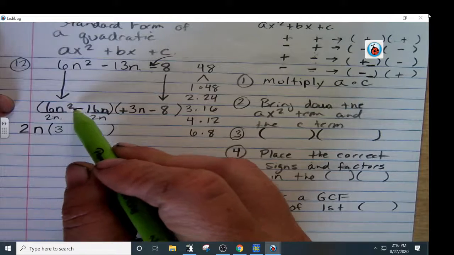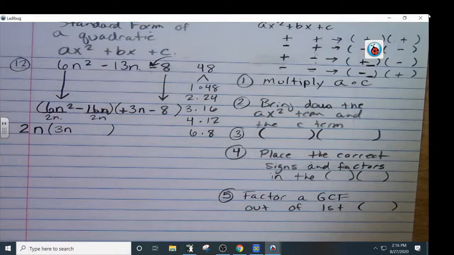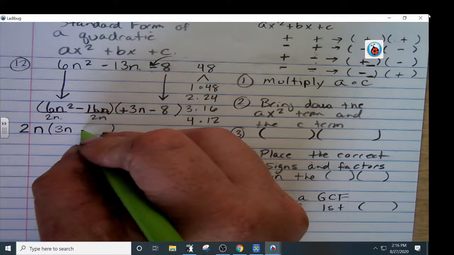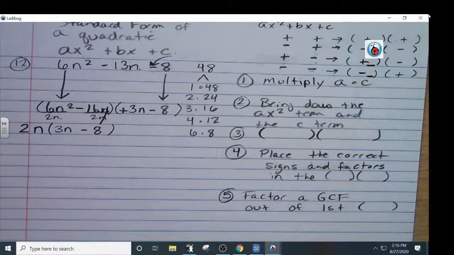When you divide, it's going to be just n. Negative 16 divided by 2 is negative 8. The n's cancel, right? If you got the same number of n's on top and bottom, they cancel each other, or become the number 1, because it's n to the 0 power.